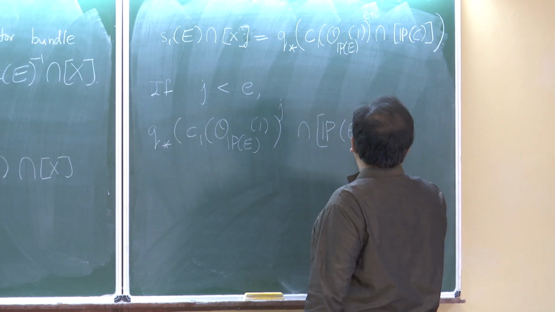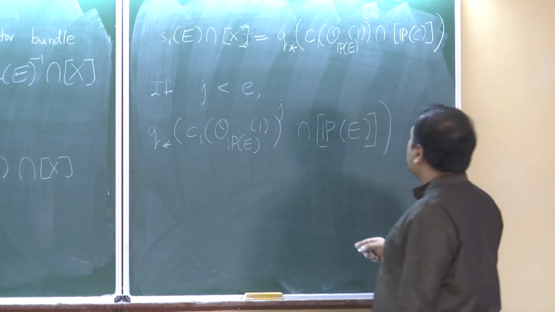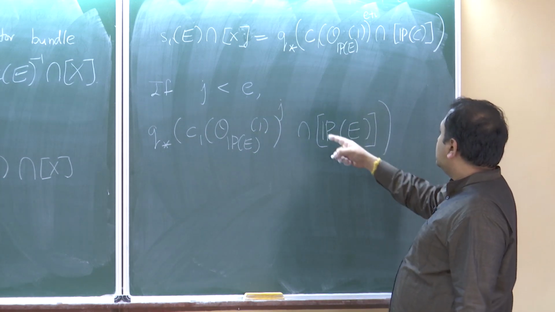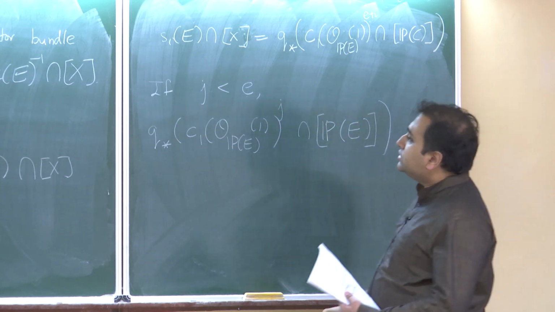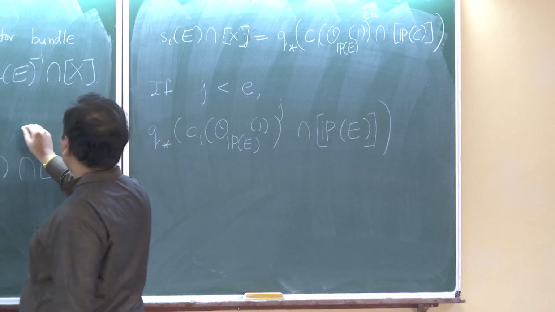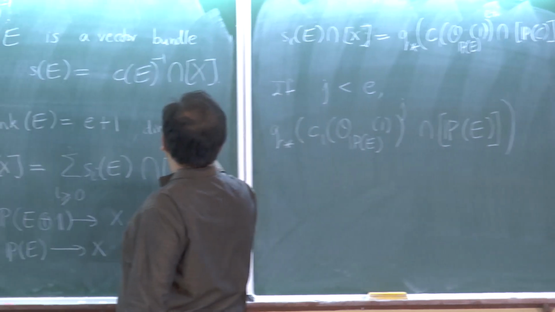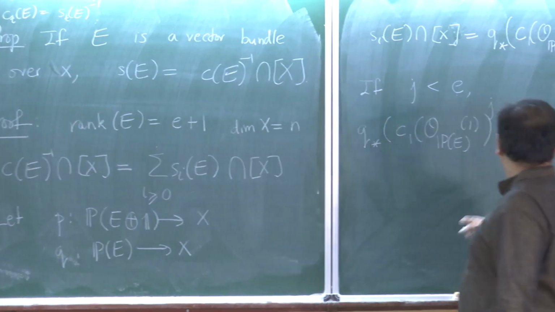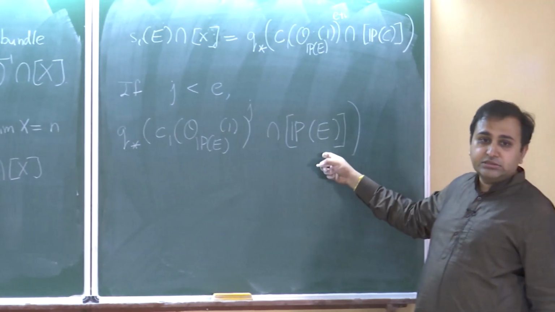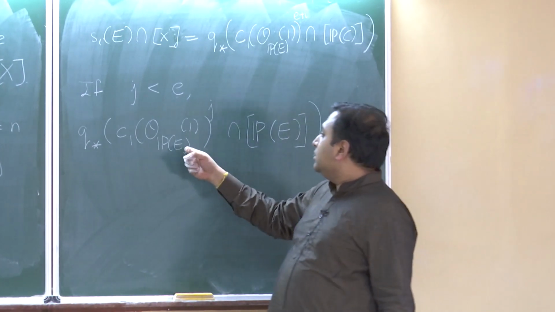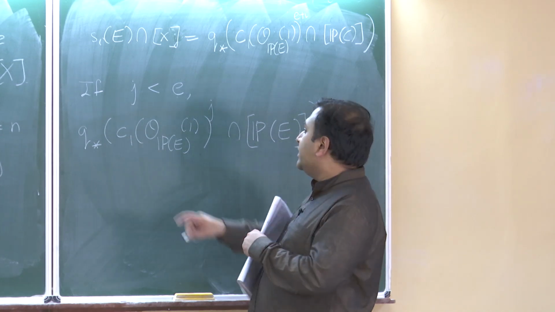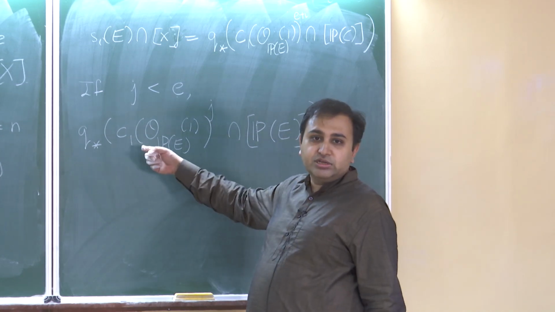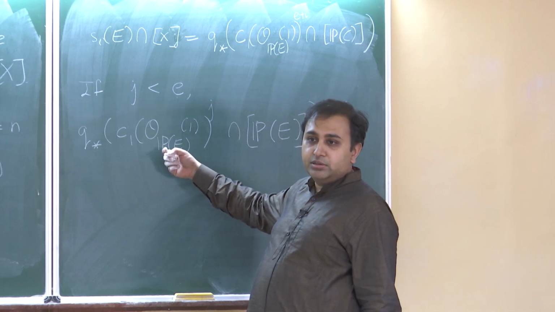So what can we say about this? What is the dimension of this? Let's say that the dimension of X is equal to n. So what is the dimension of this? This is n plus e. What is going to happen here? Every time you cap with the Chern class, the dimension drops by 1, right?